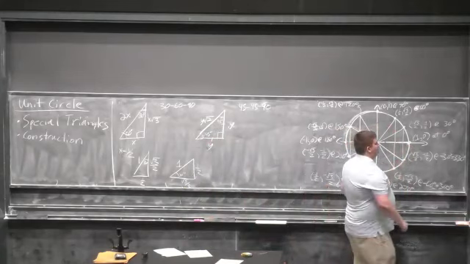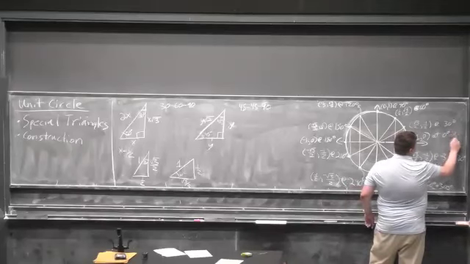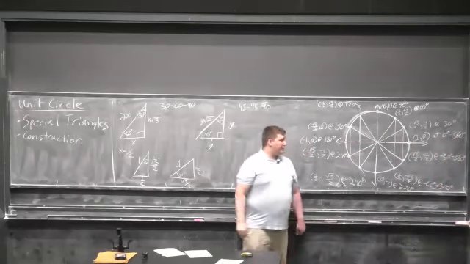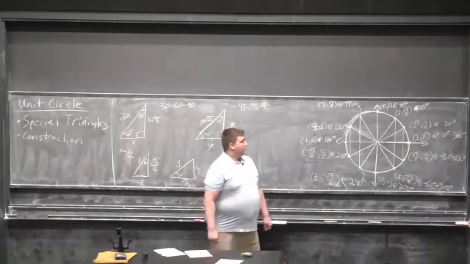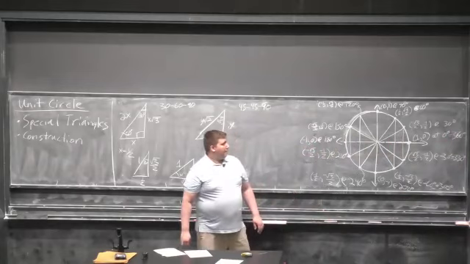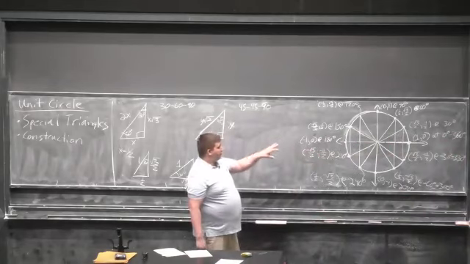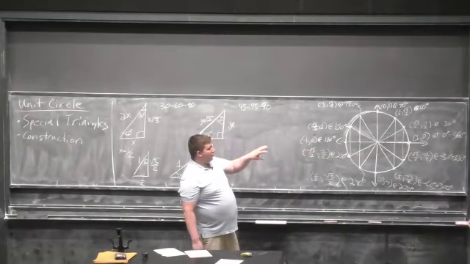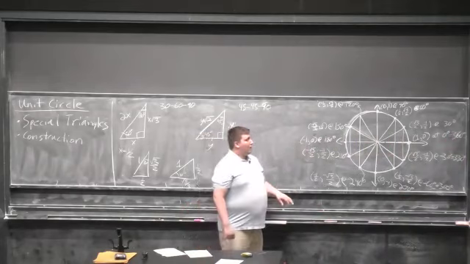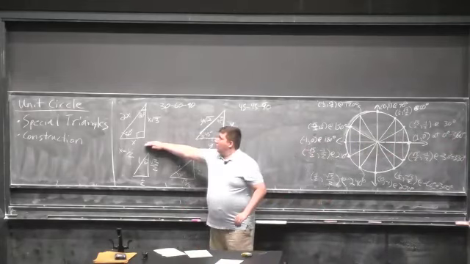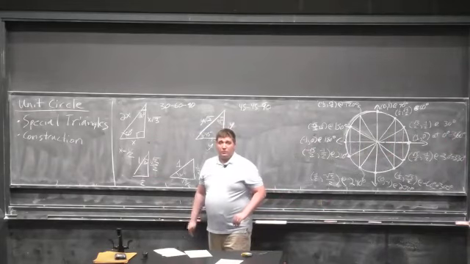In fact, we can say that this is equivalent to 360 degrees for the 1, 0 point. Okay, so now we have something that is in reference to all of these points on the unit circle, and all that we used was the 30, 60, 90 triangle.